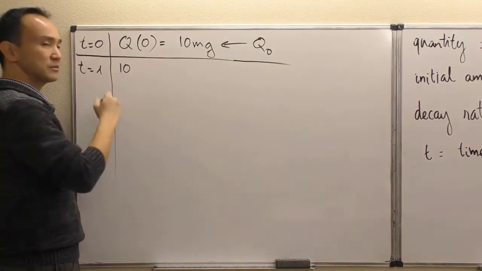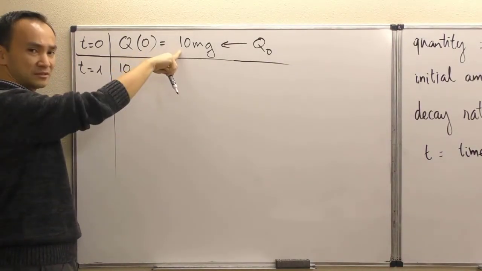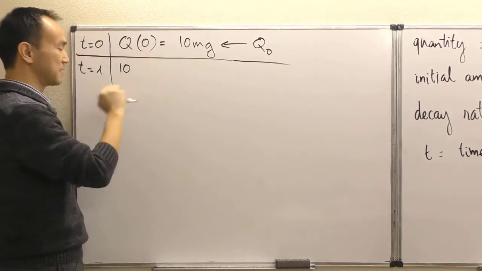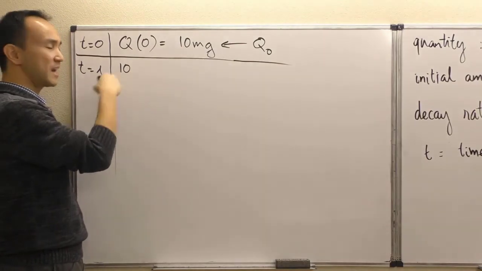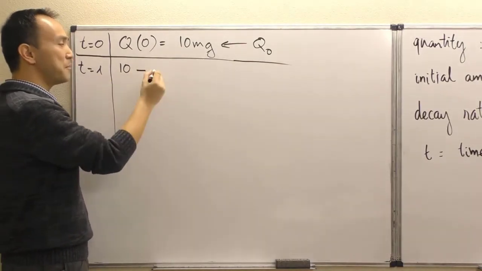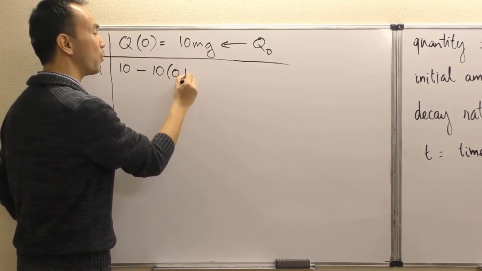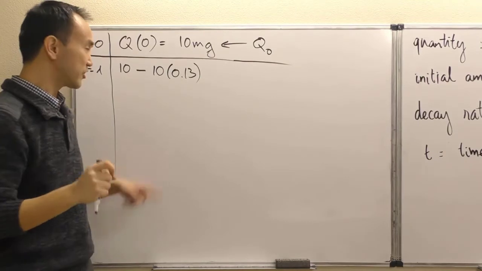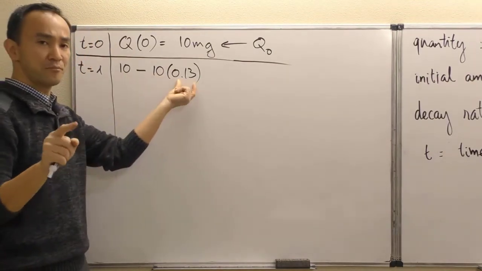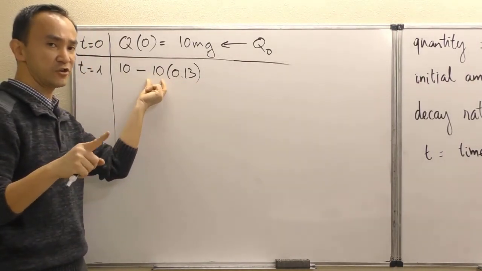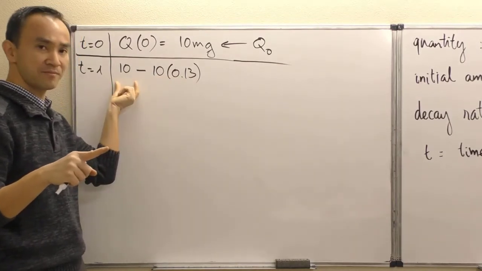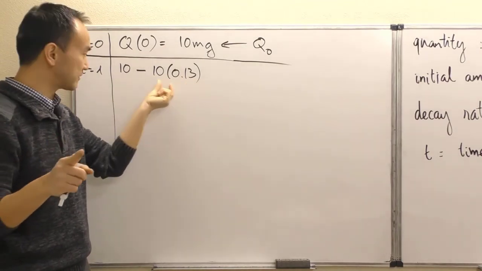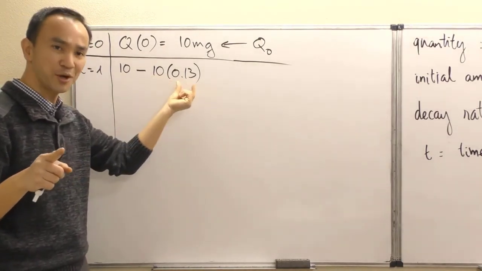Starting out with 10 grams, that's for 0 time. But exactly 1 day later, we only have 10 minus 10 times 0.13, because 13% is lost. We take away 0.13 of that initial amount from the beginning amount.